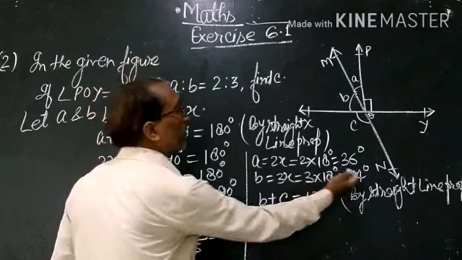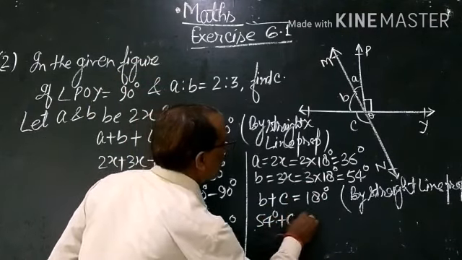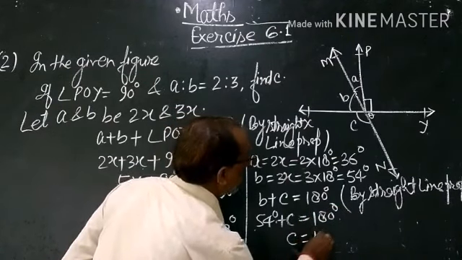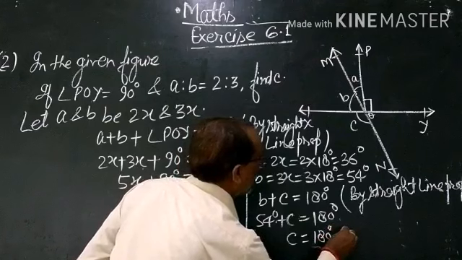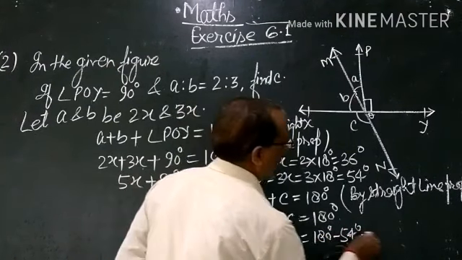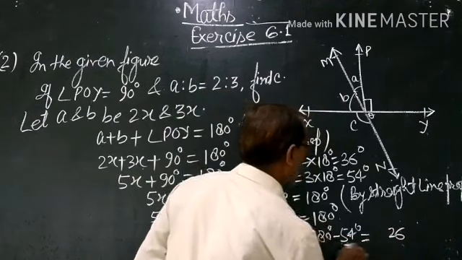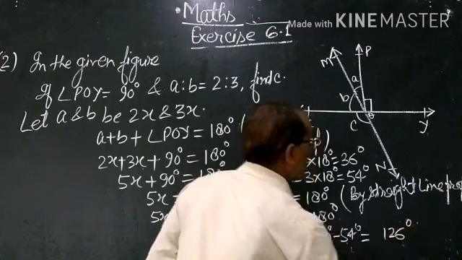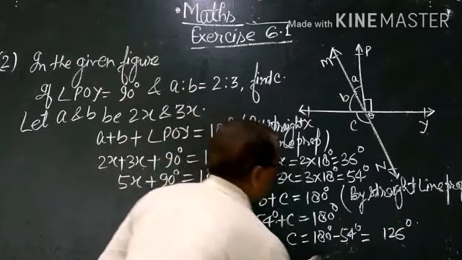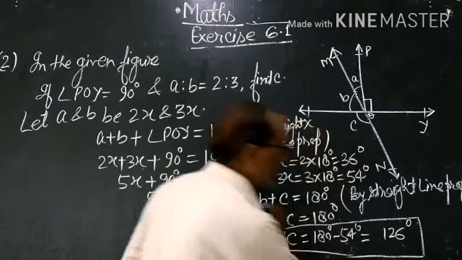Put the value of B here. 54 degrees plus C is equal to 180 degrees. Then C is equal to 180 degrees minus 54 degrees, that is equal to 126 degrees. It is your answer. C is equal to 126 degrees.